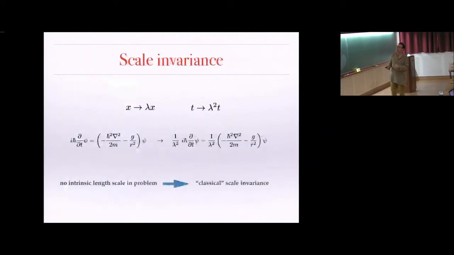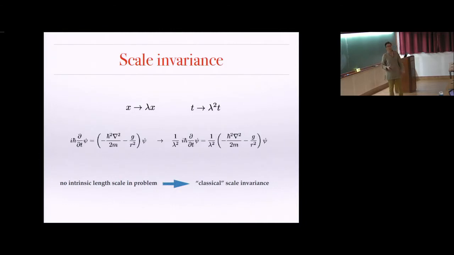Okay. So as I sort of hinted at, there's a scale invariance in this 1 upon r squared problem. So if you just take the Schrodinger equation here and you scale all length scales by lambda and all times by lambda squared, then because the 1 upon r squared potential goes as 1 over a length squared, and the Laplacian goes as 1 over a length squared, you pull out a lambda squared, and then if you scale time, you can bury that in the time, and you find that this lambda squared cancels on both sides.